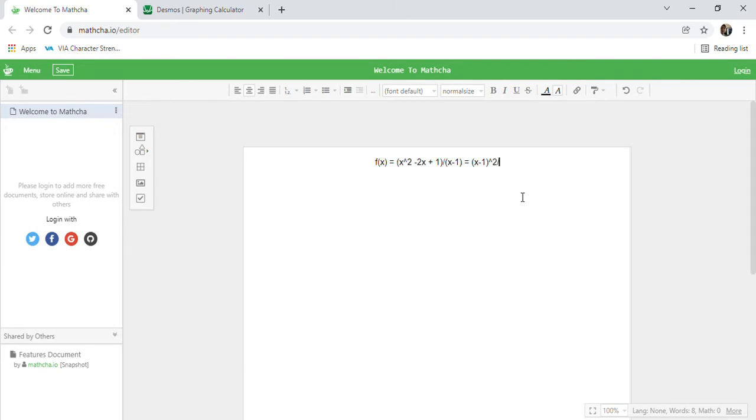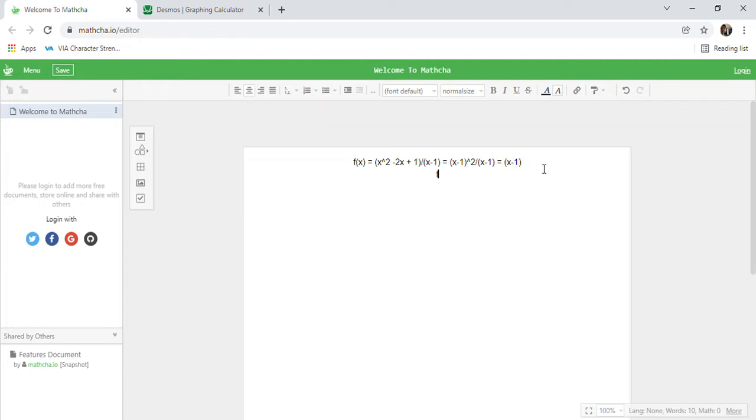And then, of course, that value is divided by x minus 1. So you see here that x minus 1 squared divided by x minus 1 is simply x minus 1. So that basically means that this expression is equal to x minus 1. The f of x is equal to x minus 1.